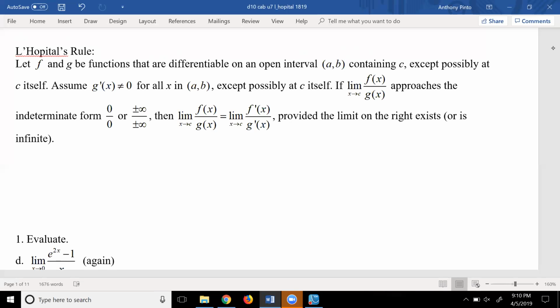And what you can do is take the derivative of the original limit. So you take the derivative of the numerator and the derivative of the denominator, and then you plug in that value again for your limit and test it out.